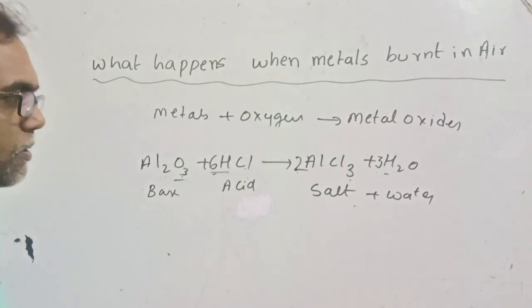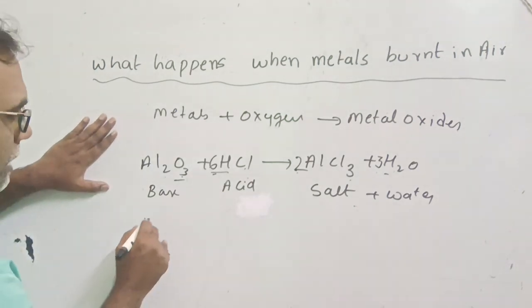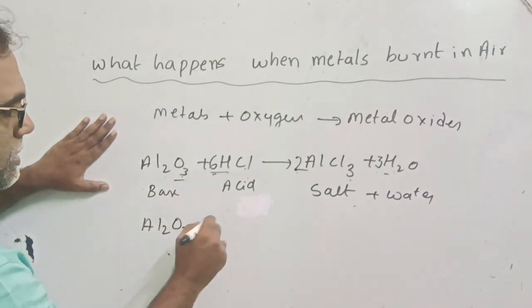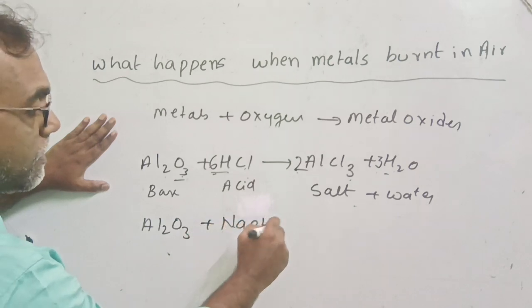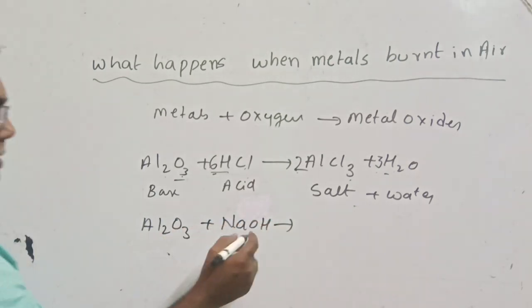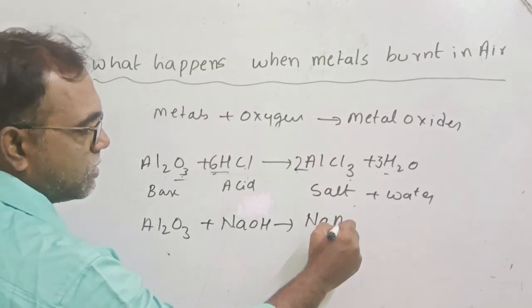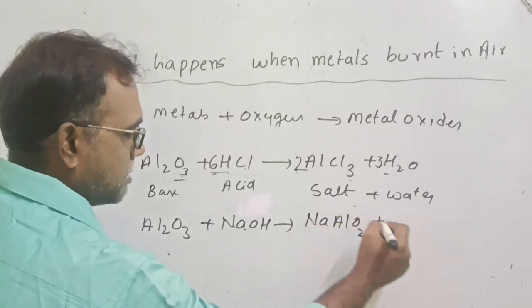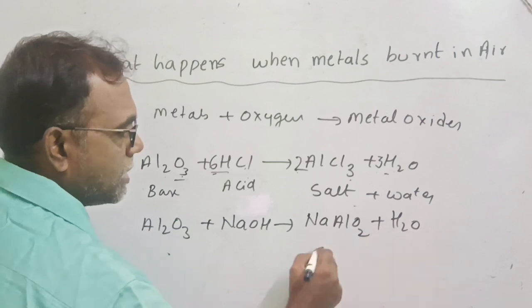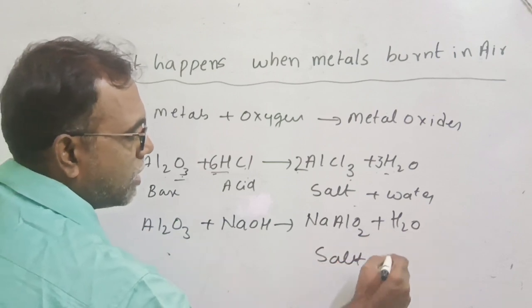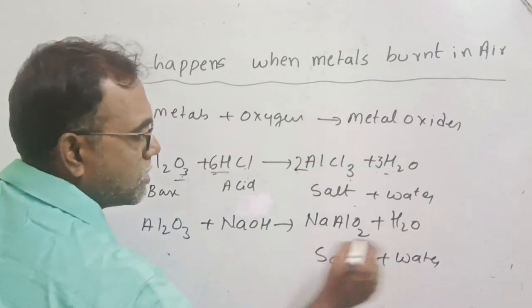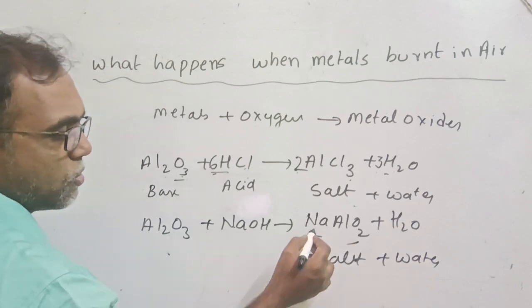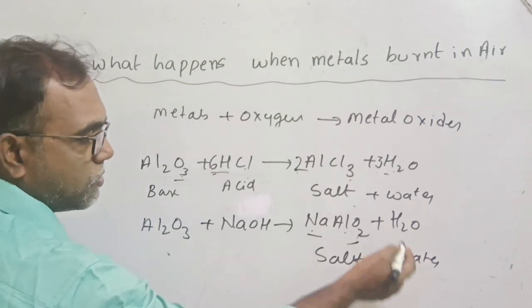In a similar way, when I take aluminum oxide in basic medium, it gives NaAlO2 plus H2O. This is a salt, sodium aluminate, and water.